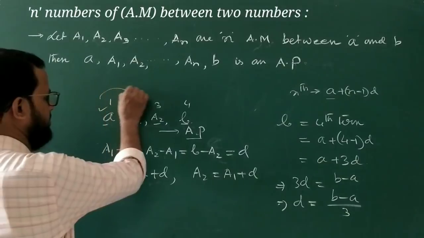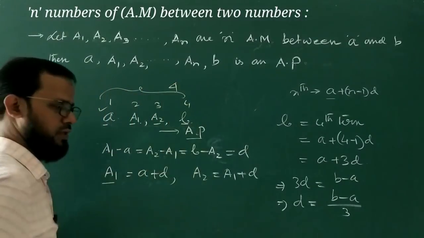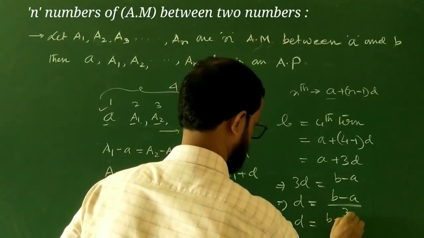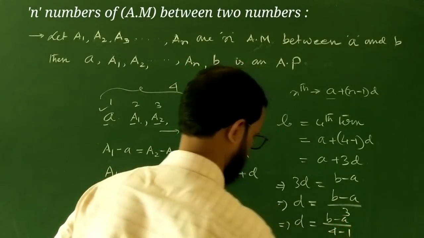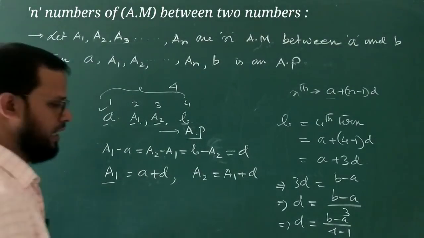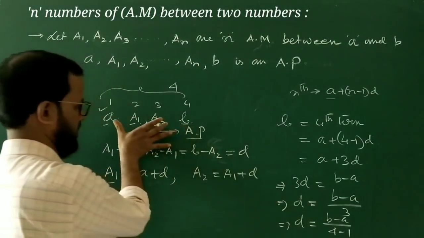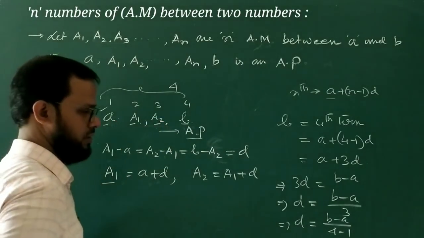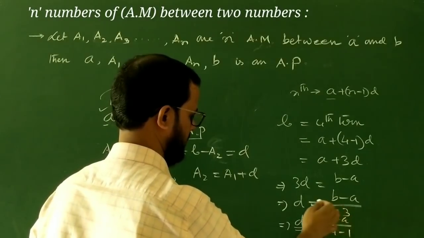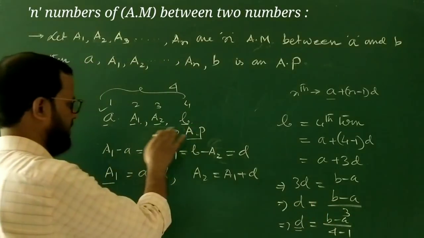And how many numbers are there? There are 4 numbers, 4 terms. So D equals B minus A divided by 4 minus 1. It is related to the number of terms. So by using this formula, you can find the common difference of this type of arithmetic progression.